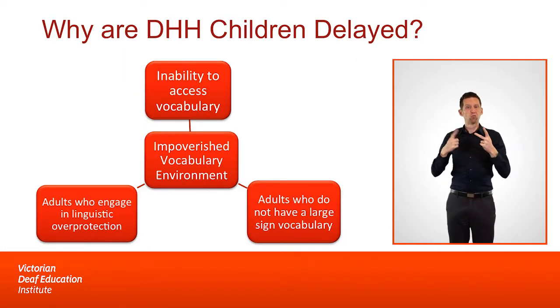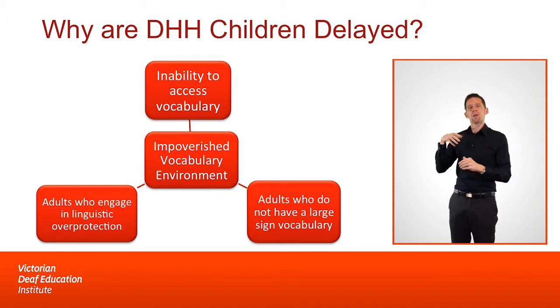But another reason is that we have adults who engage in what we call linguistic overprotection. We think, oh, the child does not know these words, so we better use simpler words. Now, we know that that might happen more with adults who are signing, but it also happens with adults who are working with oral children.